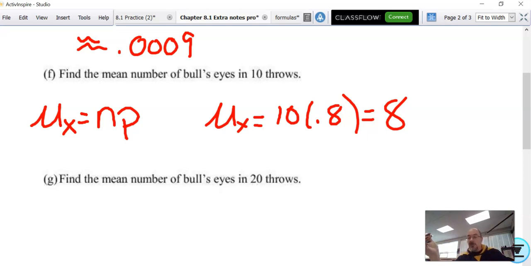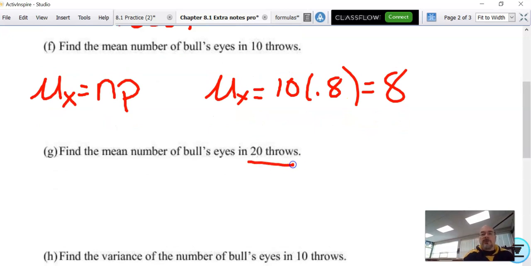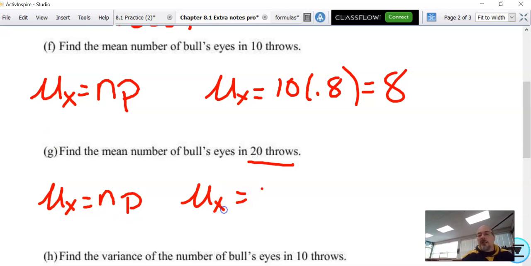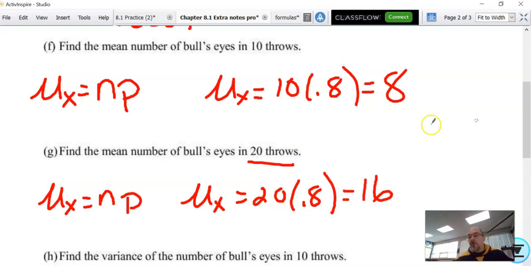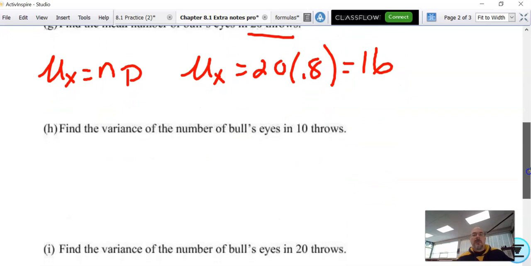That is his expected value. All right. How about 20 throws? Well, that would simply be 20 times 0.8. So that's going to be 16. We would expect him to hit 16 bullseyes.